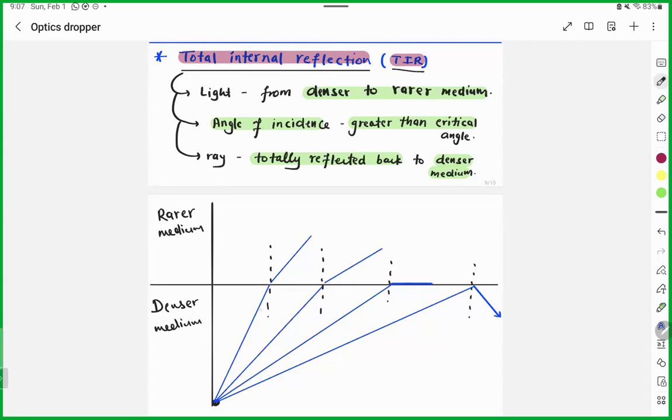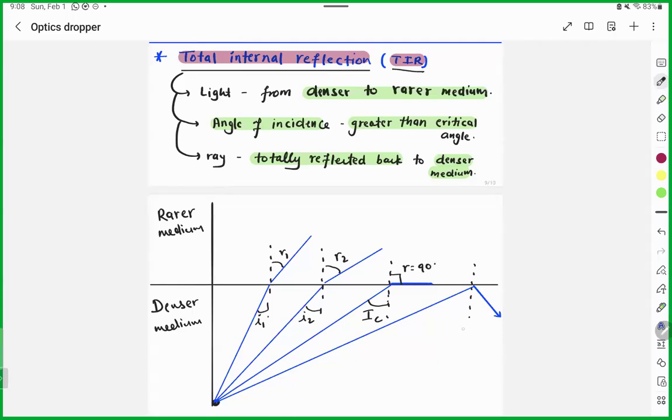So if the angle of incidence is this I, it will form R1. If the angle is increasing, I2, this is R2. Here, this will be the critical angle. Then here R will be 90 degrees.